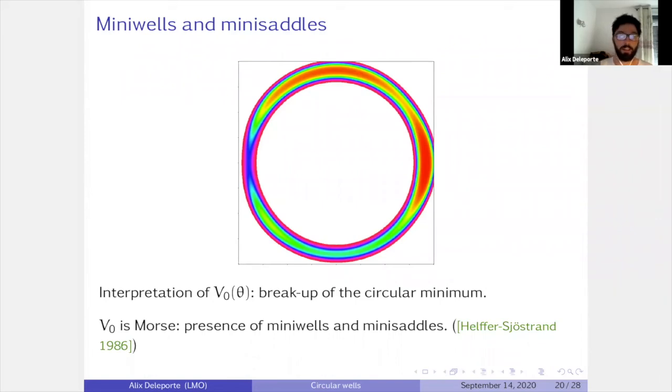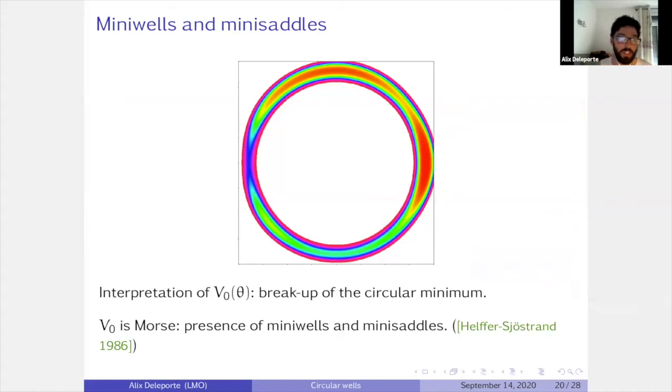You can see that there are some parts where it's smaller, the red parts here, and also there is a local minimum, and then there are local maxima here and there. So this circular minimum is broken. And all of this is happening at scale h.